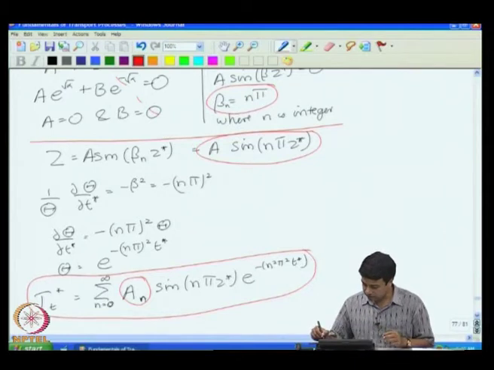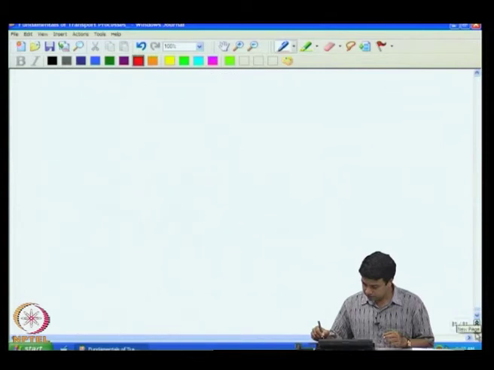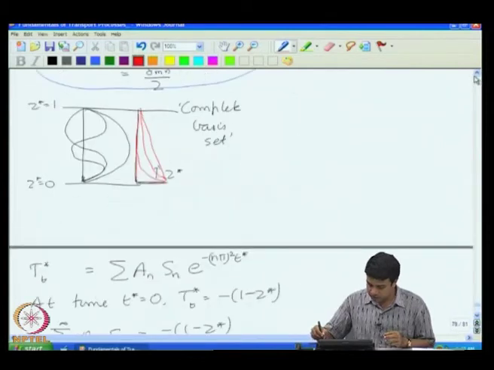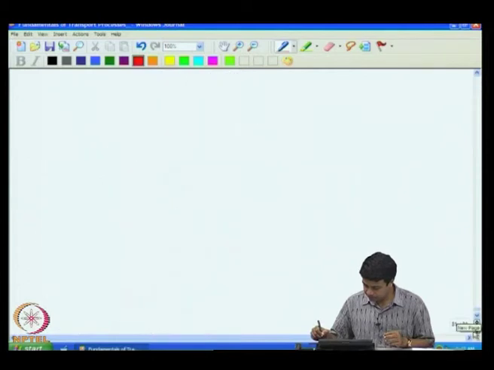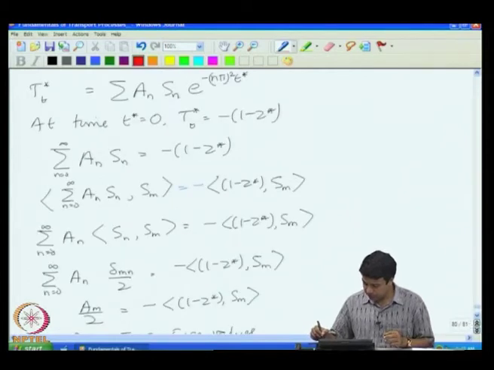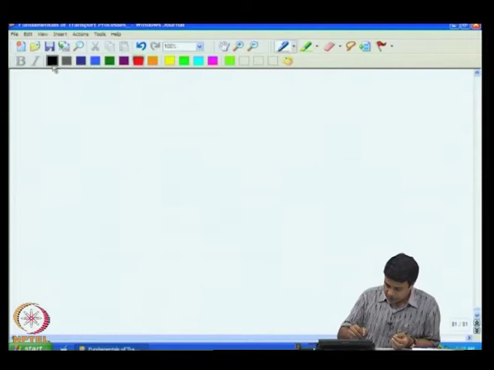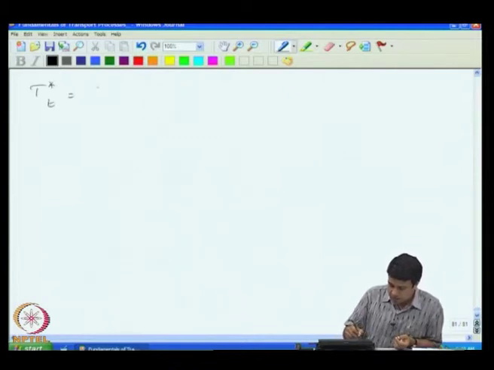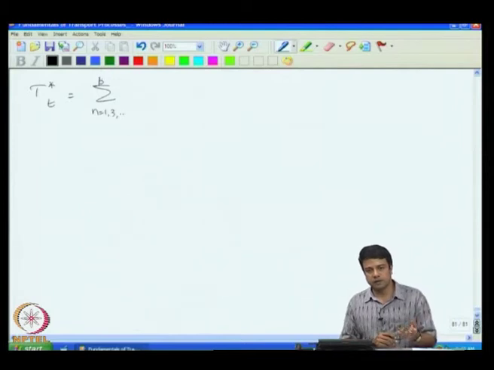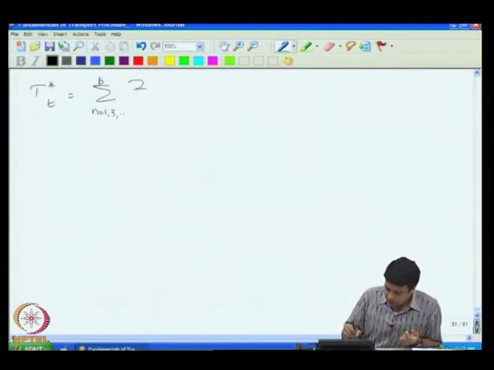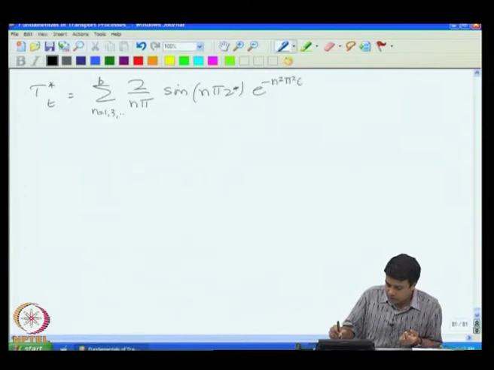So, for example, I could get a good numerical approximation to this equation by writing T star transient is equal to summation from n equal to 1, 3, etc., let us say up to p, some number p, p may be 50, 100 and so on, of 2 by n pi sine of n pi z star e power minus n square pi square t star.